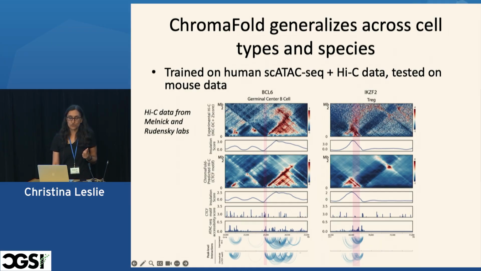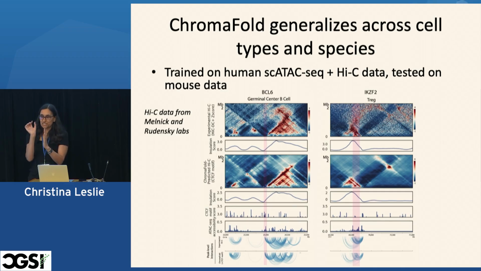And I'm also showing you the ground truth and predicted interactions as loops. It's good enough that you could take these predictions and design CRISPRi experiments and test the enhancers, and our collaborators are doing that, okay? So one more thing about this.